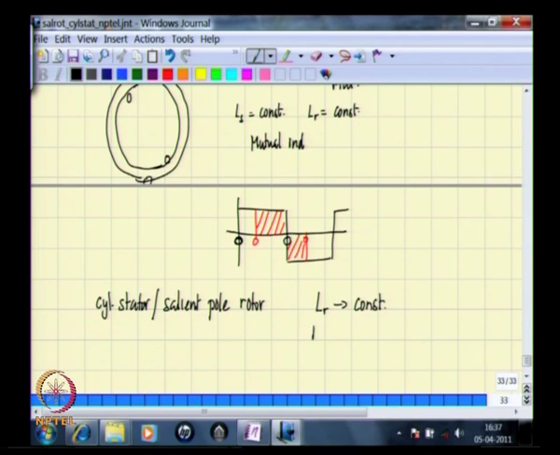Then we looked at expressions for the mutual inductance between the stator and rotor. We could have derived it in a manner similar to what we have done here, but we took a different approach. We knew the flux density waveform, because as the rotor rotates, the flux density waveform did not change, and therefore we could write an analytical expression for the Fourier series of the flux density waveform.